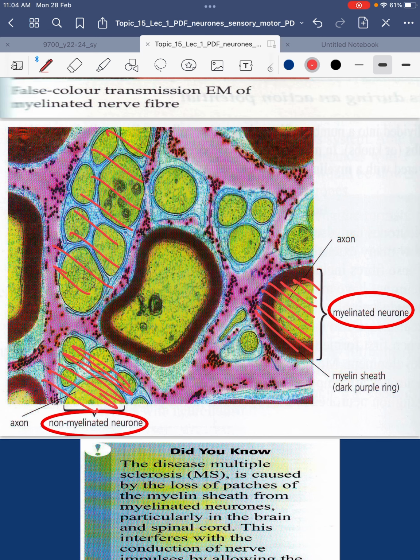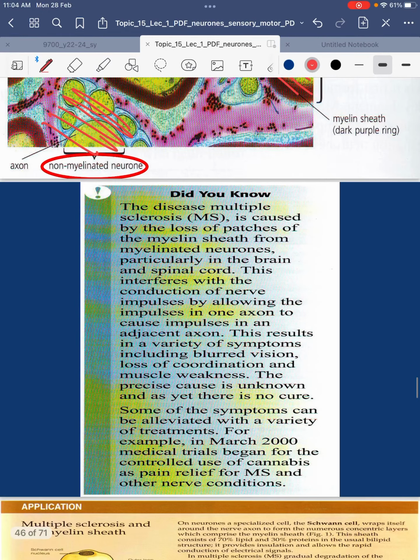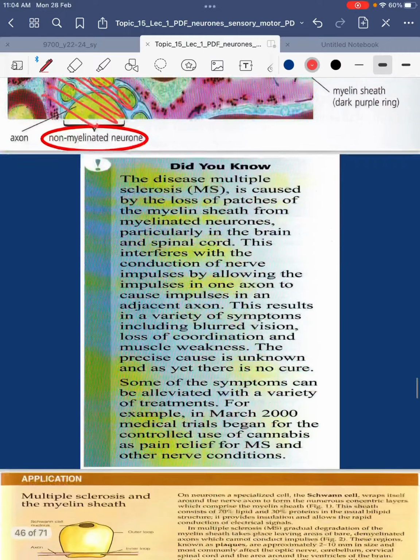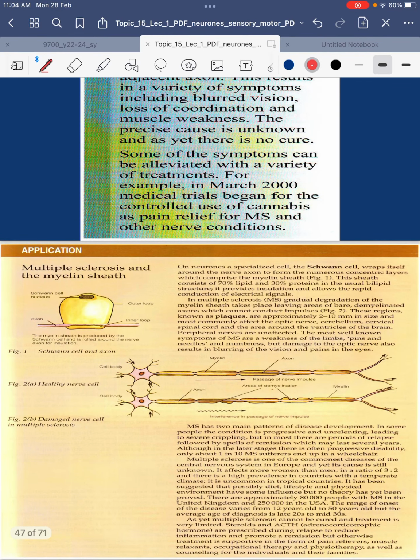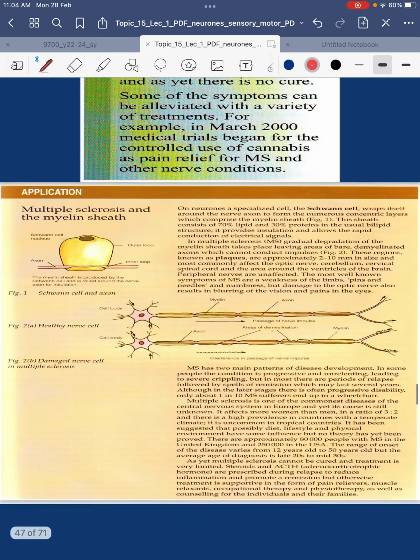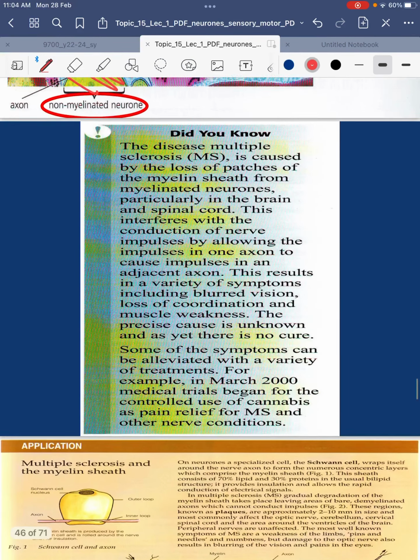So it's normal, but there are of course some conditions. For example, when a neuron is supposed to be myelinated and it's not myelinated, because there are parts in our body where our neurons are myelinated, that can be due to a certain disease condition.